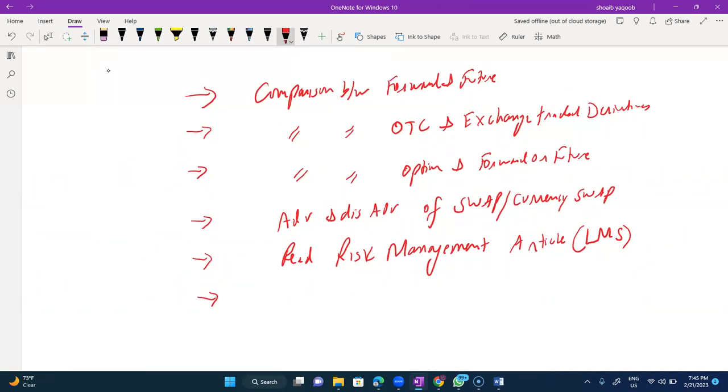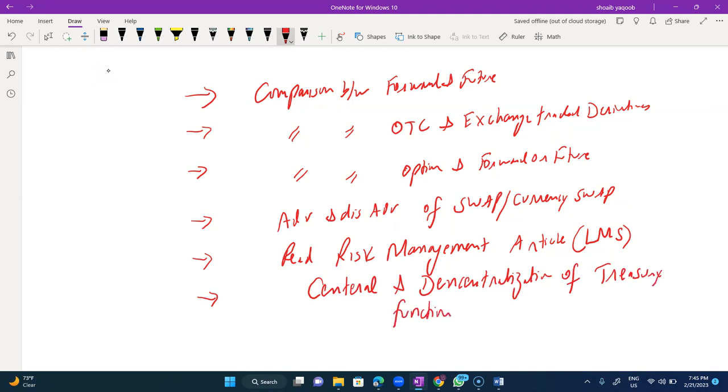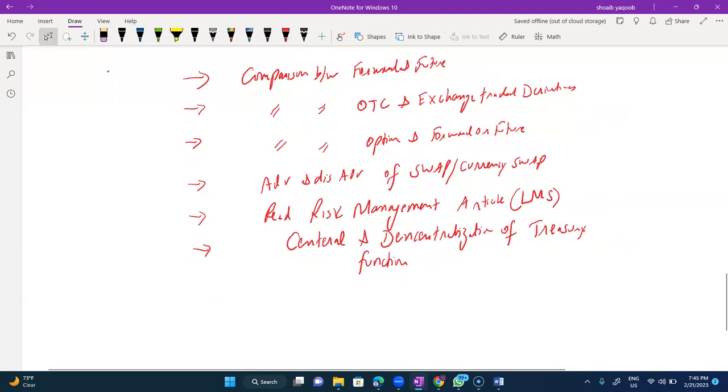Plus, you should also read the centralization and decentralization of treasury function. So these are the theoretical points which are very, very important and have been tested in past papers many times.